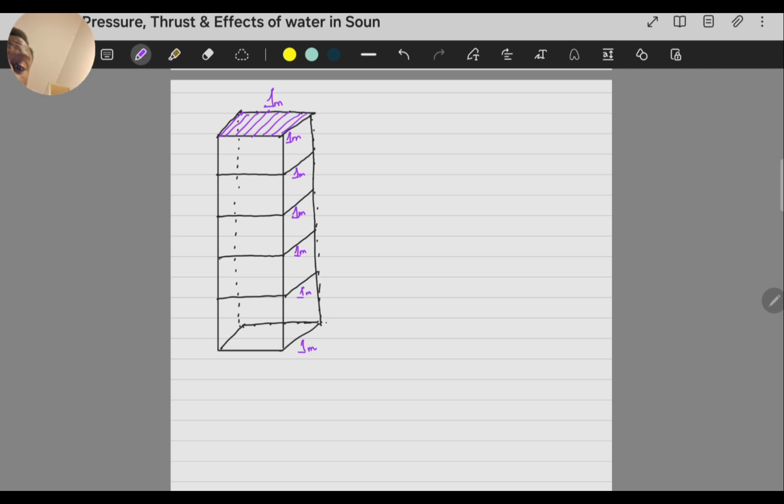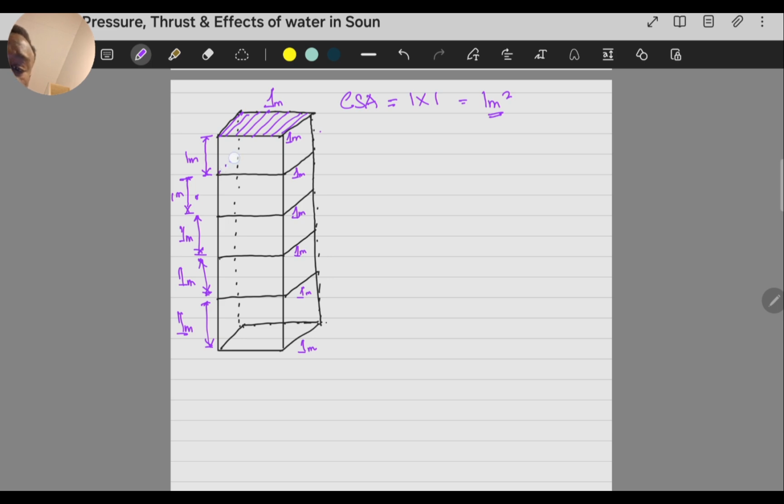Before I move forward, it means the cross-sectional area, or the base area, is actually, since it's a square, 1 times 1, which is 1 meter squared. Now these square plates are 1 meter away from one another, which means that's the height of each square.